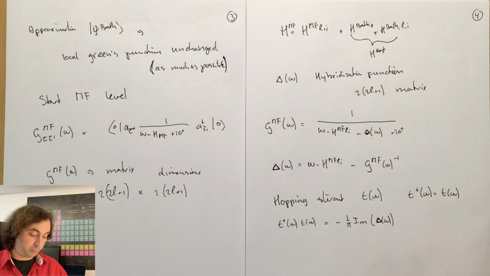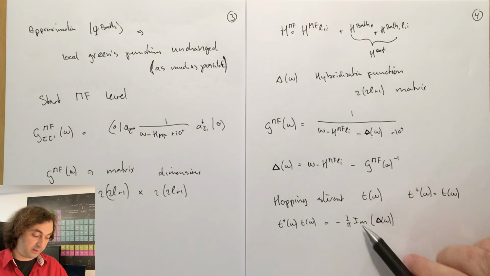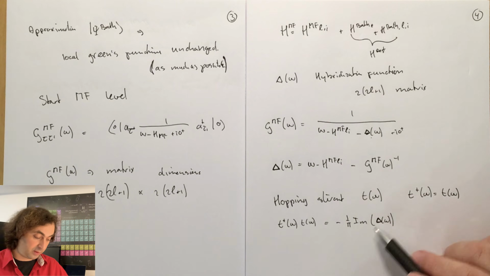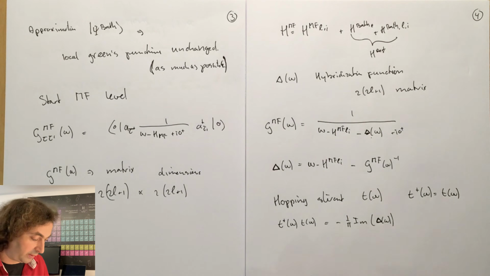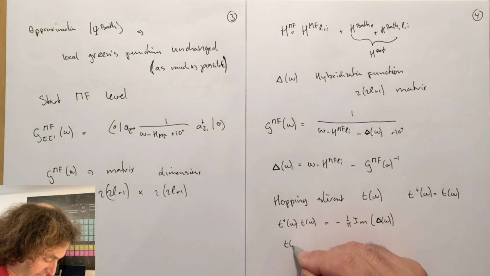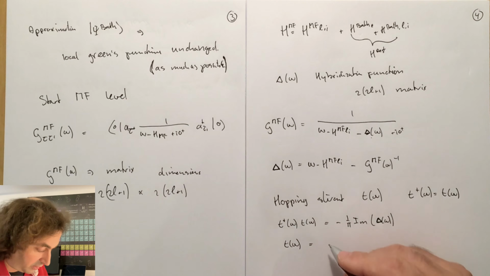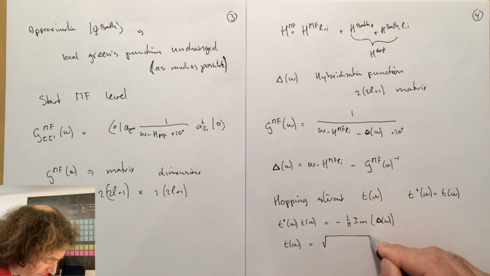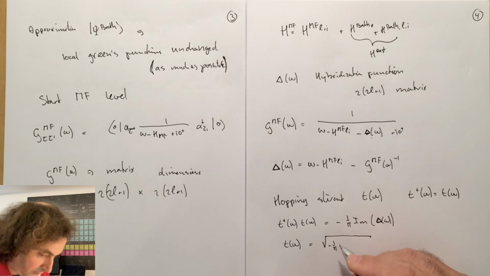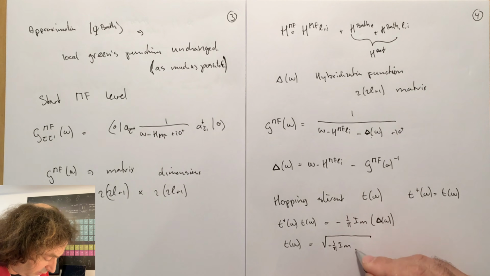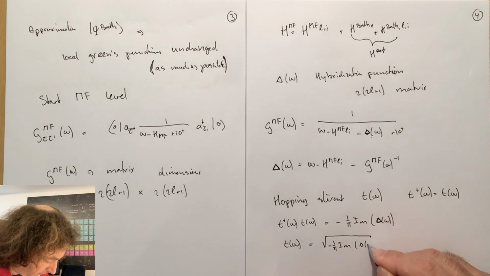The imaginary part must be strictly negative, such that if I take the minus part, it is strictly positive. And we can now take the square root of that positive number or positive definite matrix. And that then gives you the hopping amplitude, T.